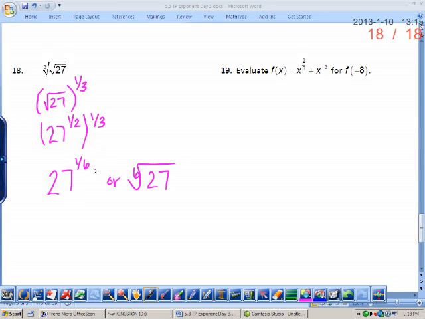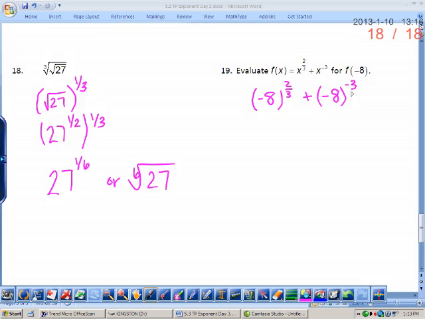Okay. Looking at number 19, what does f of negative 8 tell me to do? Yeah, plug in negative 8 for x. All right, let's start with negative 8 to the 2/3.